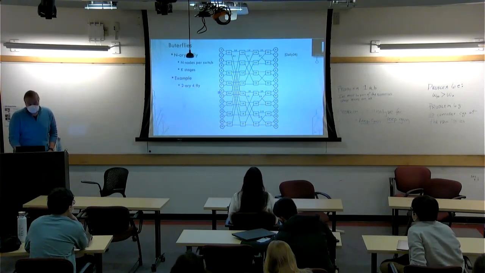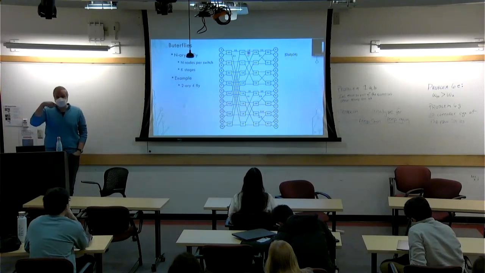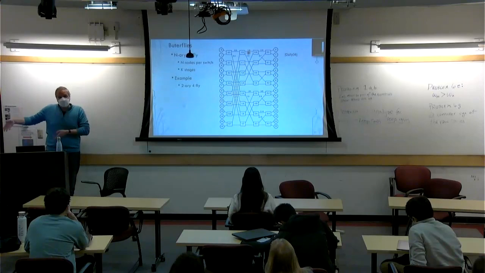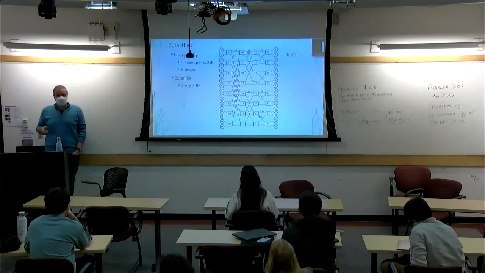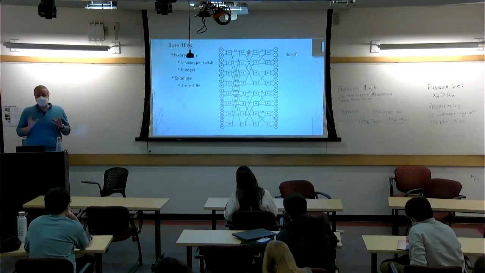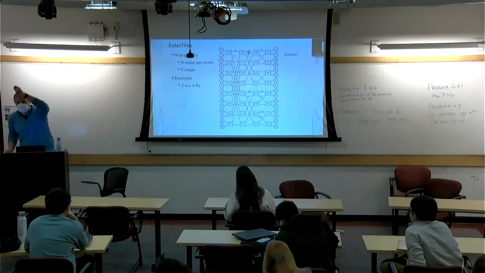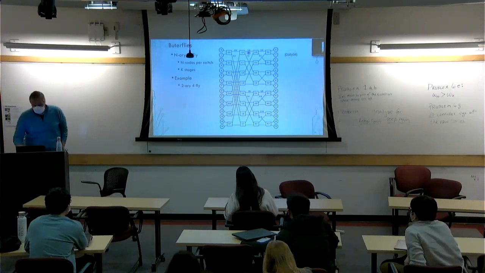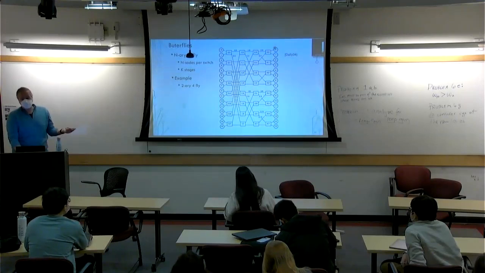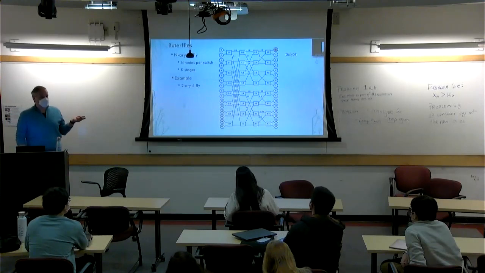Notice that these numbers are the same on both sides, so these channels are unidirectional, not bidirectional like in the mesh. When you're calculating bisection bandwidth, be careful about that. There may be a homework problem on this, so make sure you understand which nodes talk to which nodes in the network. The way people typically build this, because obviously node 0 here and node 0 here are the same thing, right?